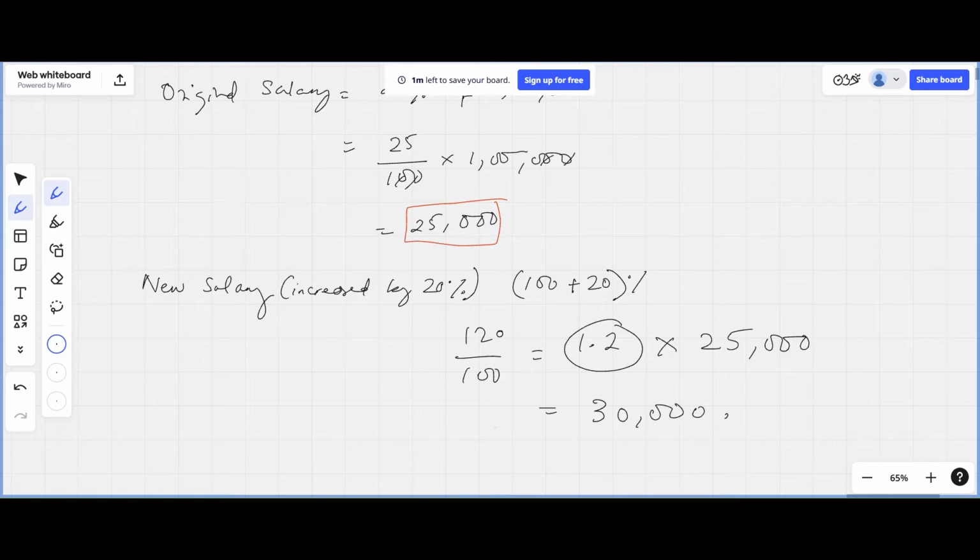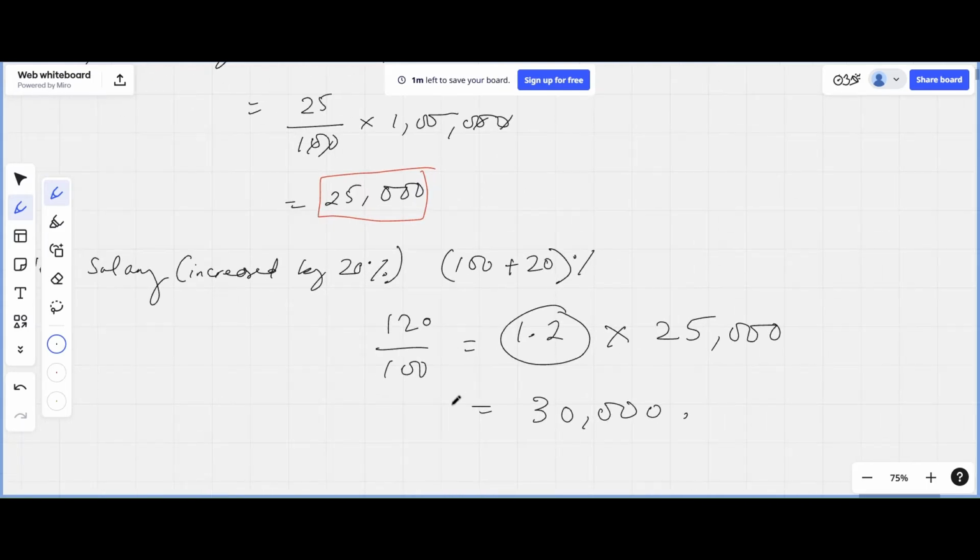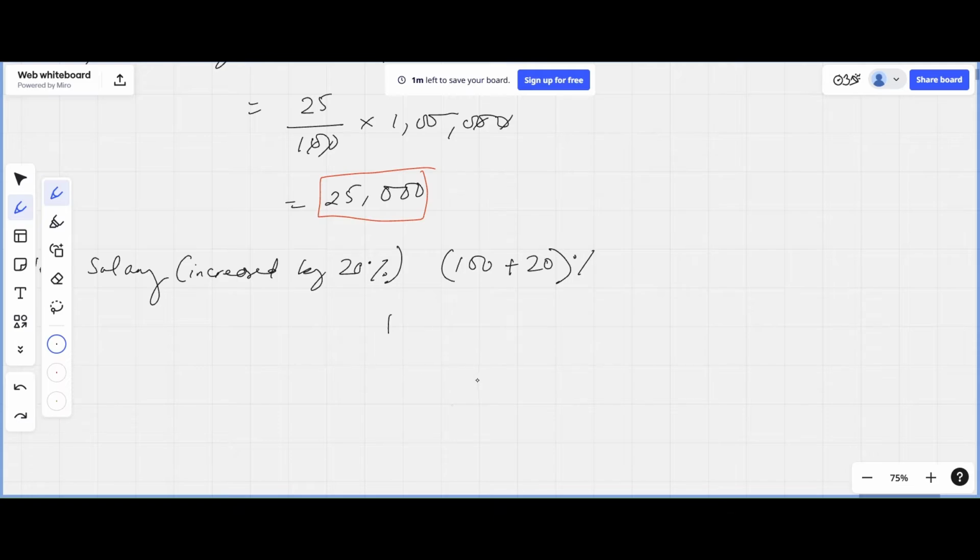You get it? I'll repeat here again. When it says increase by 20%, or for example, if it says decrease by 20%, you'll do 100 minus 20, so the new amount will be 80%.